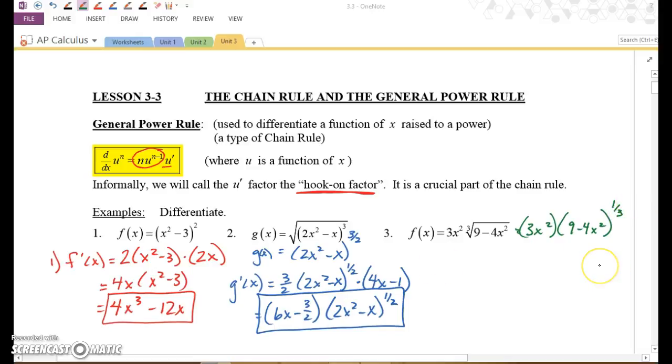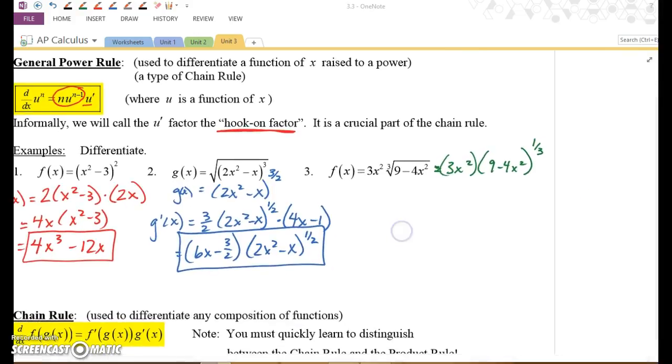If I have two quantities being multiplied together, what rule must I use to derive those? I must use the product rule. In deriving this, I'm going to have to use two rules at once. I start with the product rule, and when I derive the piece that has the exponent, I will have to use the general power rule.